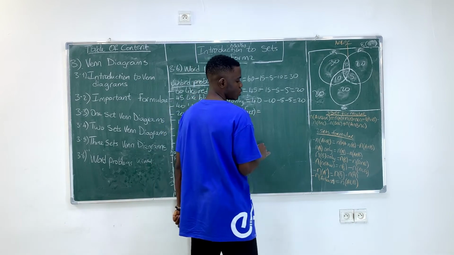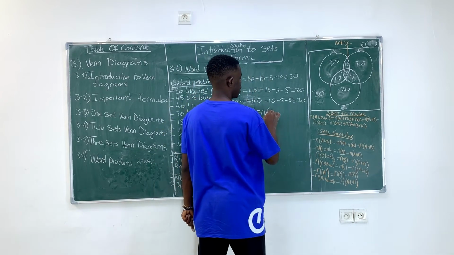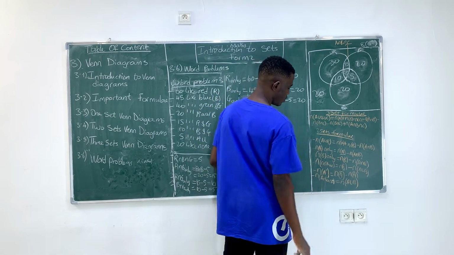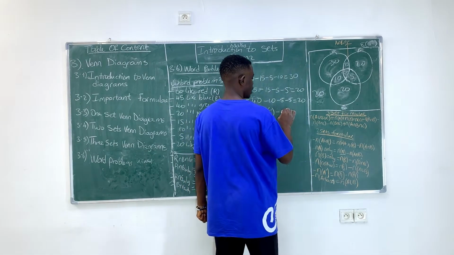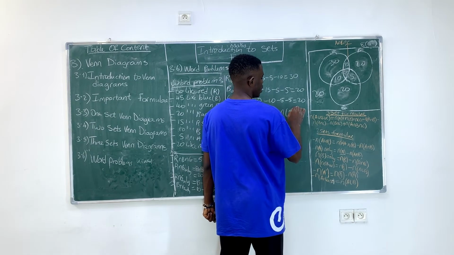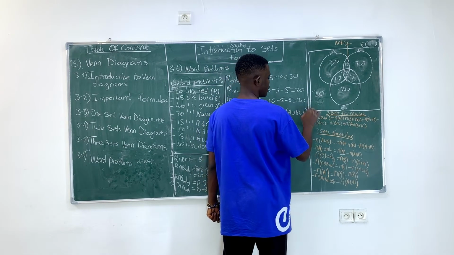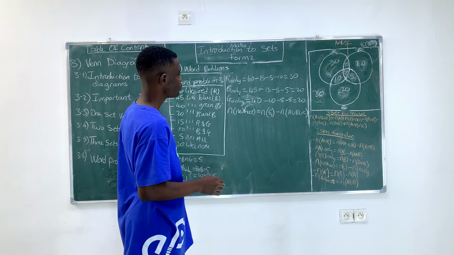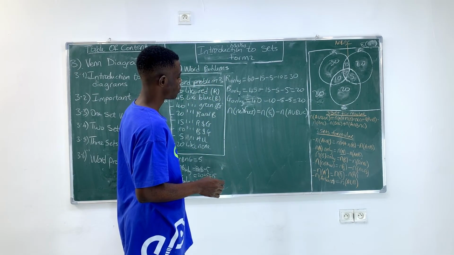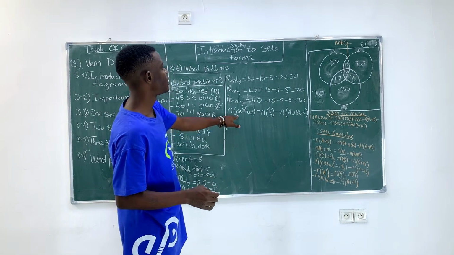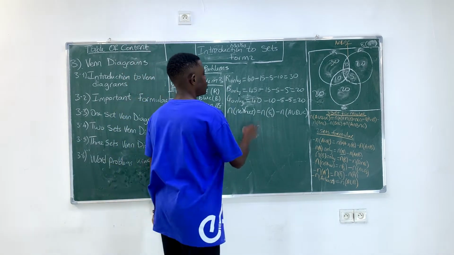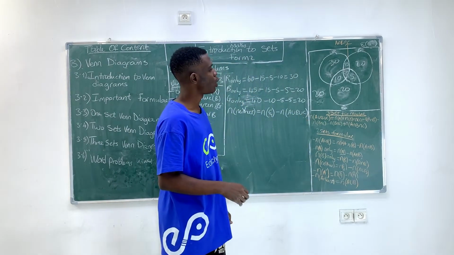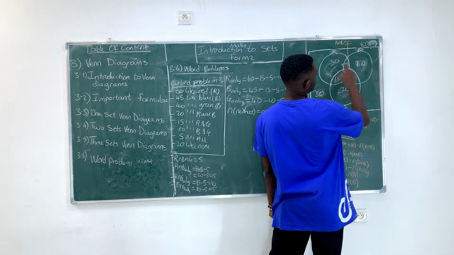is equal to our sample space minus A and B and C. Our neither is given to us. Our sample space remains, and our A and B and C, we can solve it. We solve it how? By solving everything here.